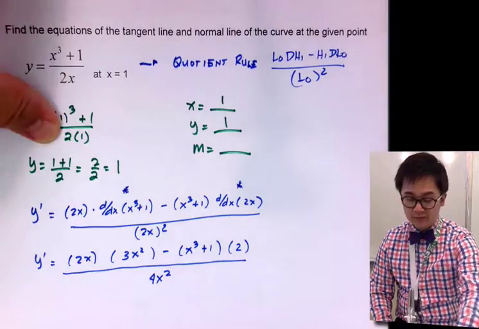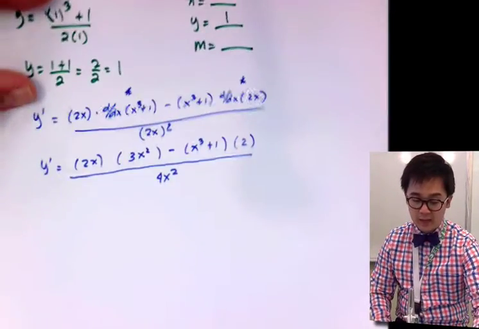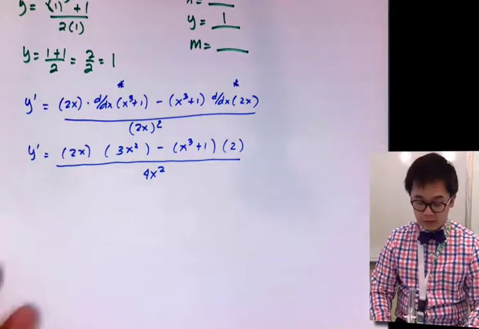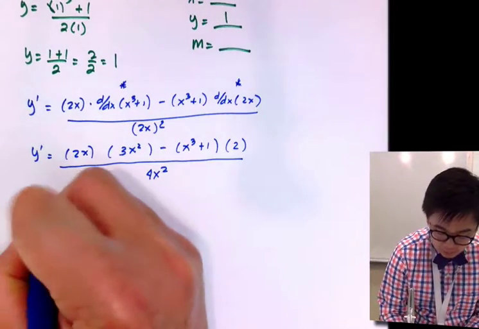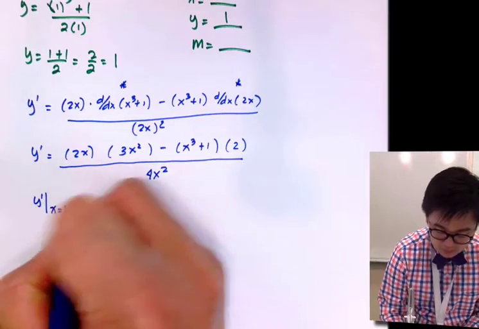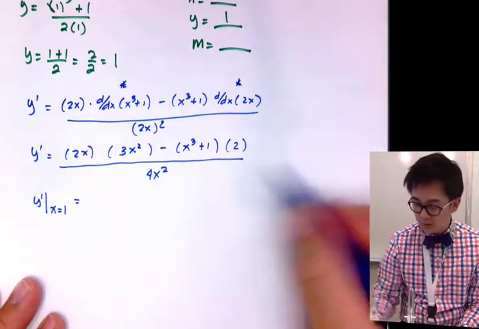That's why we have these functions. So now that we have differentiated our function, all we need to do now is to evaluate this at the value of x. So we have our y prime, and we're going to substitute the value of 1 to this function.